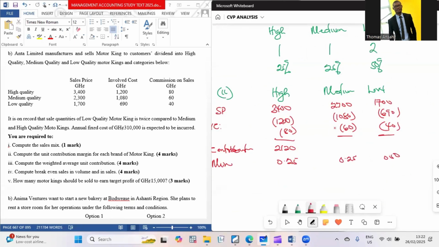All right, so this is 2,300 minus 1,420, that is 1,160 times 0.25, 290. Then 2,670 minus 1,700 gives me 970.